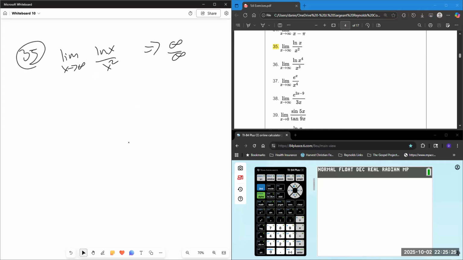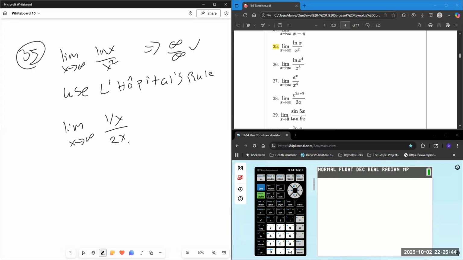And so I'm going to use L'Hopital's rule, which tells me to leave the limit out here alone, take the derivative of the numerator and the derivative of the denominator. And I'm going to rewrite now. And then that's going to go to 0. And that's my answer.